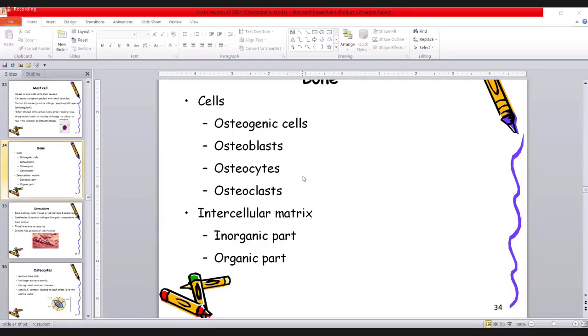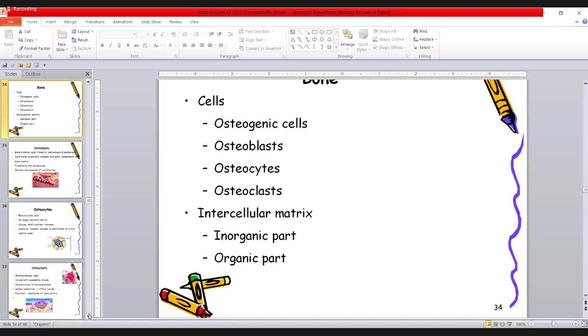What is the structure of an osteocyte? Lacuna. No, we are not talking about Haversian systems, we are just talking about the osteocyte. Your question is, describe the histological features of osteocytes.